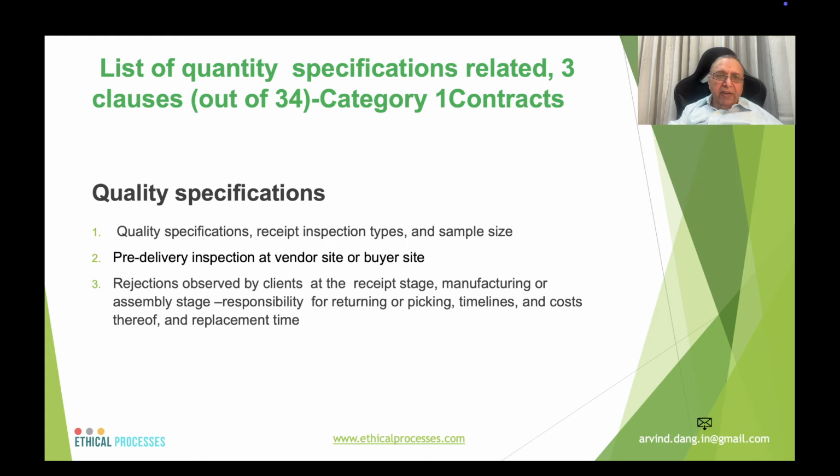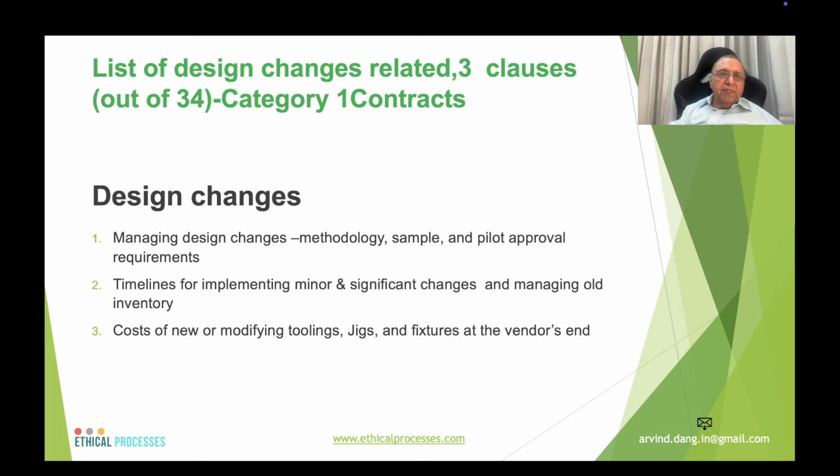There can be pre-delivery inspection particularly at the vendor end also. And three, rejections observed by the clients at the receipt stage, how much is permitted, manufacturing or assembly stage, responsibility for returning or picking of these, timeliness of this, return of this, and cost thereof, who will bear these costs.